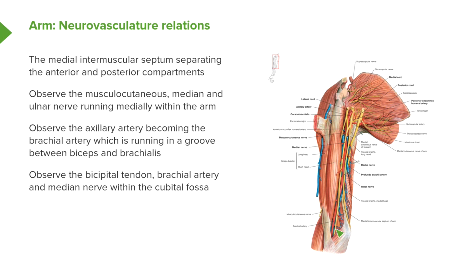We can also observe, if we go towards the anterior aspect of the elbow, the bicipital tendon, which we can see here, and that is forming a roof over the brachial artery and the median nerve. So the brachial artery and the median nerve are running underneath the bicipital aponeurosis and the biceps tendon. And this is the cubital fossa, and we'll cover that in future slides.